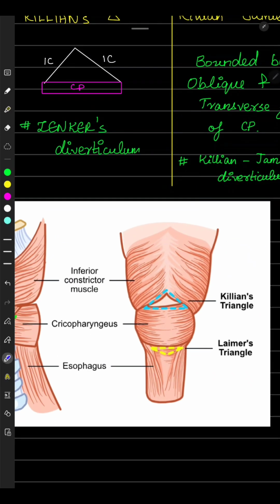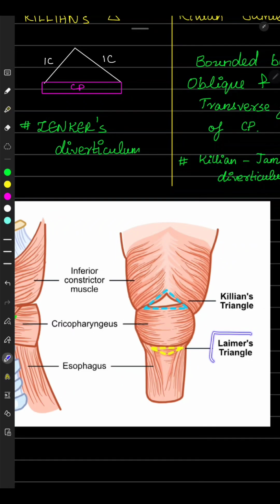Right. Now, above the cricopharyngeus muscle, because of the inferior constrictors, we have an upright triangle here. But below the cricopharyngeus, we also have a triangle, an inverted triangle. The base is common for both triangles, which is the cricopharyngeus muscle.